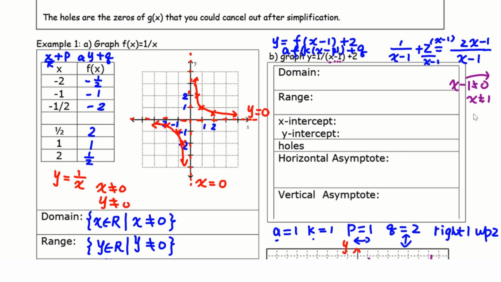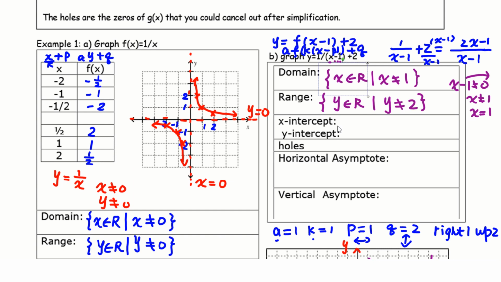And that is the asymptote, x equals the p value. So the domain is x belongs to all real numbers such that x is not equal to 1. And for the range, y belongs to all real numbers. Before, y couldn't be 0, now it couldn't be the q value. So y is not going to be 2.